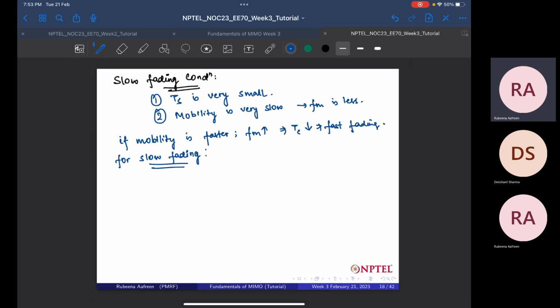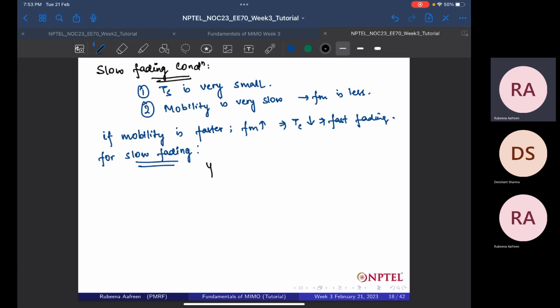For slow fading, what is happening at the receiver? We have y equals hx plus n. Suppose our x has some symbol duration Ts. So till that time of symbol duration, our h is constant. Right.